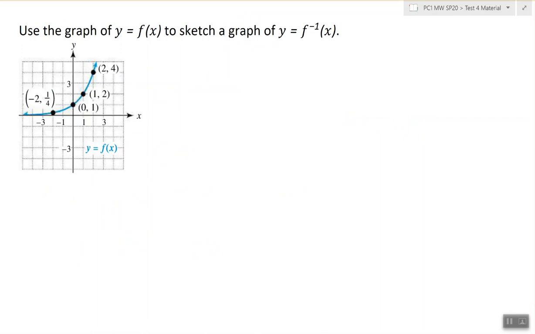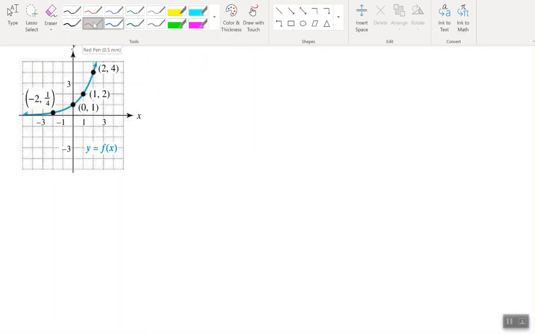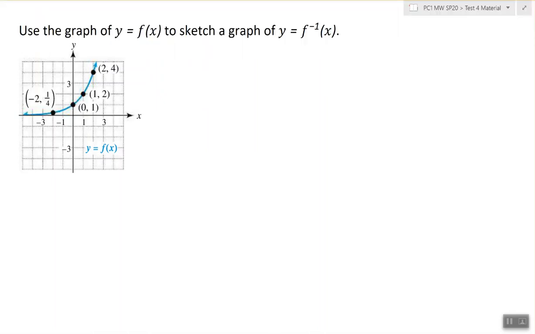All right, we're going to look at making a graph. They did not give us the equation for this function, but we can use the information that's given to sketch the graph of its inverse. First off, you see that it is 1 to 1, so it does have an inverse.